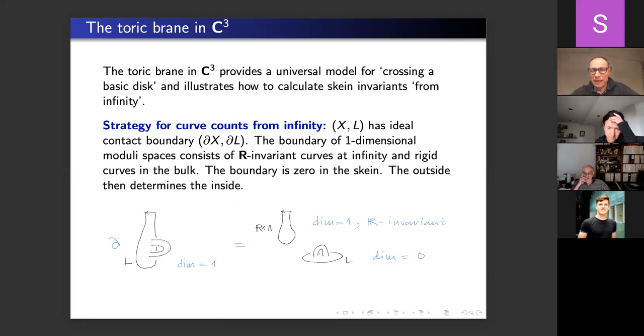And when we multiply this thing by R, at infinity things become R-invariant. And so we can have holomorphic curves which have punctures at infinity where they go to these Reeb orbits, Reeb chords.